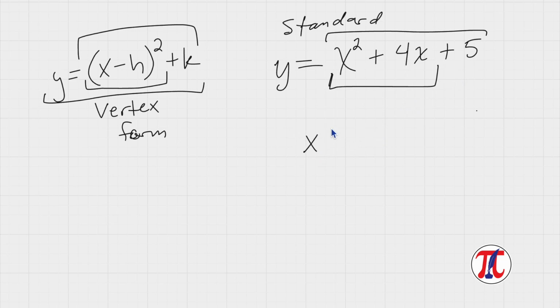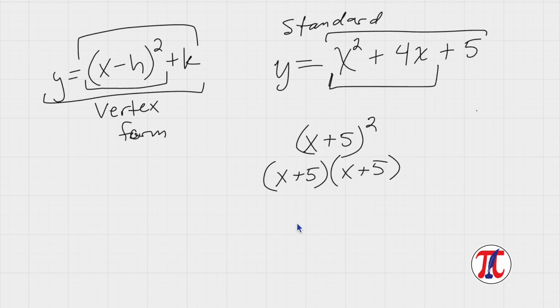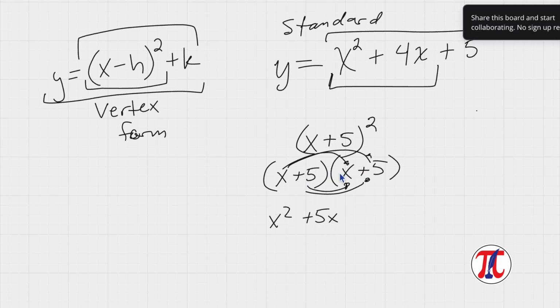If I have, let's say, x plus 5 quantity squared, that means x plus 5 times itself, x plus 5. Anything squared is that thing times itself. So if I do the distributive method here, distribute the x to both of those terms, distribute the 5 to both of those terms, I get x times x is x squared. x times 5 is 5x. 5 times x is another 5x.